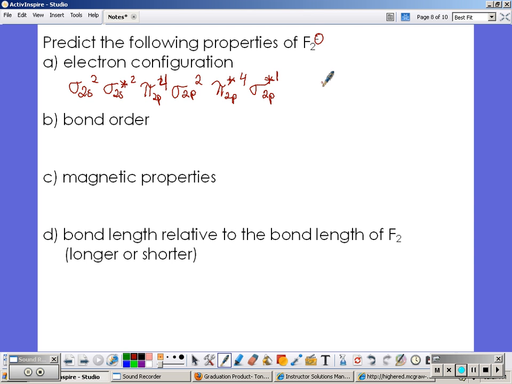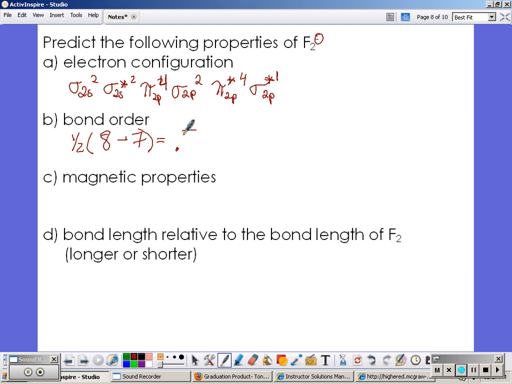So the bond order would be 1/2, 2 plus 4 is 6, plus 2 is 8, minus 2 plus 4 plus 1 is 7. So this gives us a bond order of 0.5.